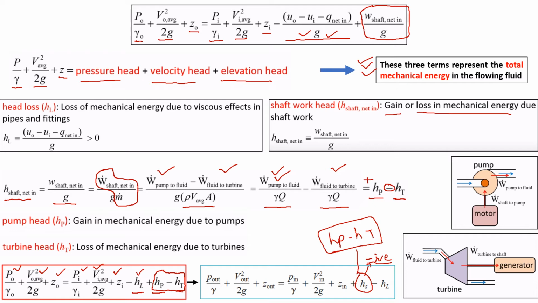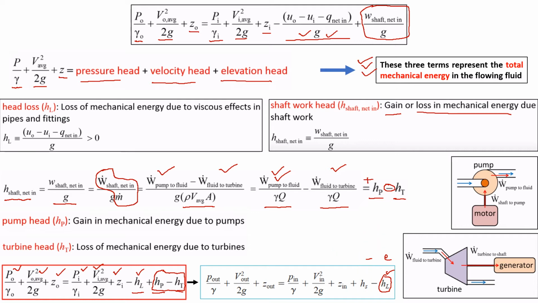So now we are representing this shaft work head by HS, and this HL is again the head loss due to the viscous effects in the pipes and fittings, and this is the energy that the fluid is losing due to friction inside the fluid due to the viscous effects. So this is what we did.